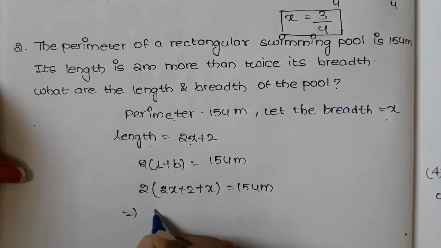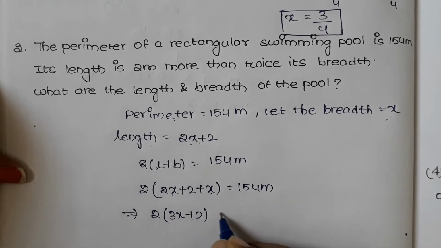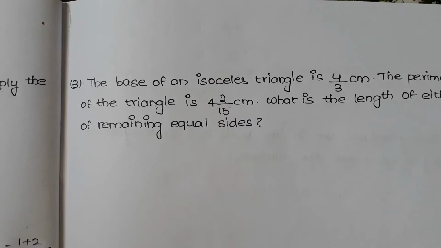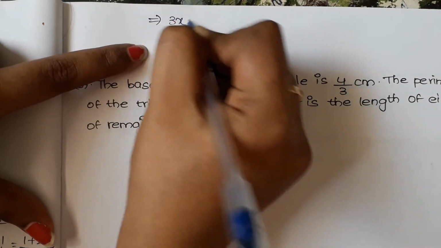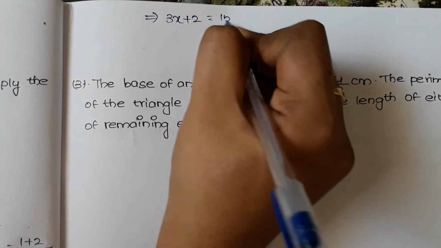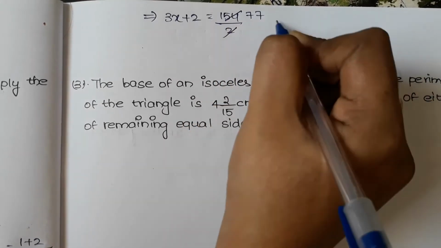Now let us solve this, that is 2x plus x equals to 3x plus 2 equals to 154 by 2 meters, that is 77.